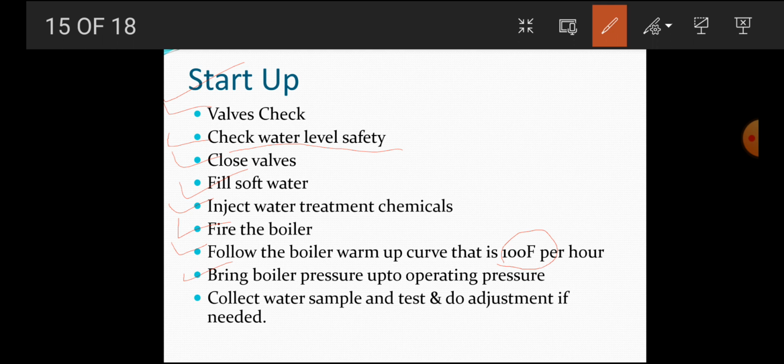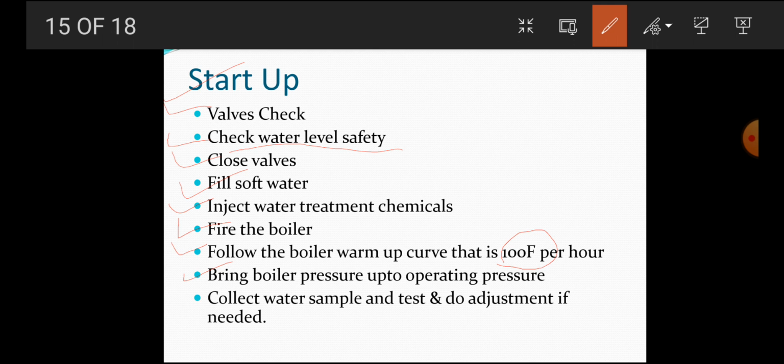So the vent needs to be closed and we slowly bring the boiler pressure up to the operating pressure. So vent is closed and the boiler pressure is brought up to whatever the pressure in operation is. So that needs to be done.